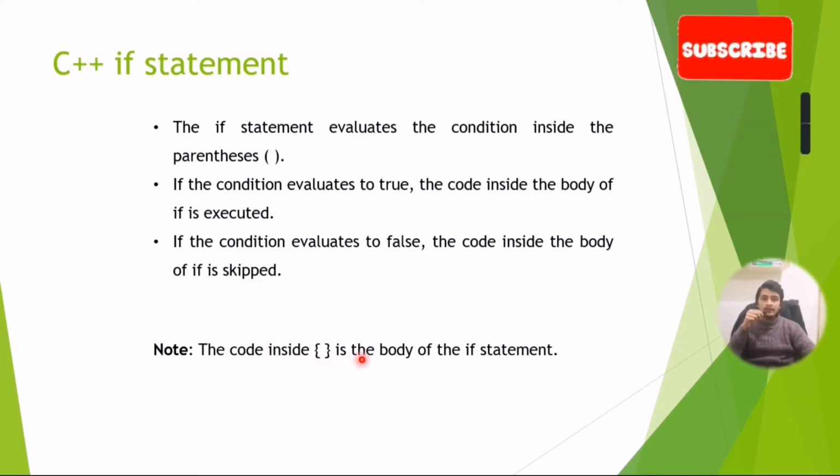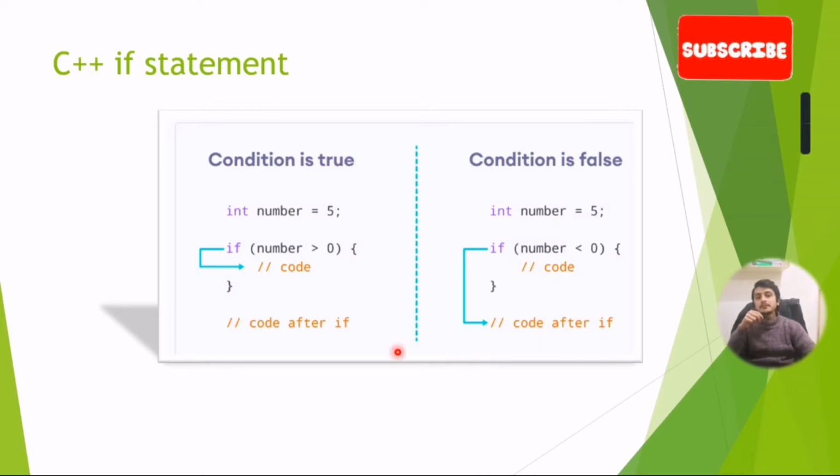The code inside this is the body of the if statement. We will understand this concept here. For example, we assign the value 5 to a variable number of integer type. If number is greater than 0, then the block of code will execute.